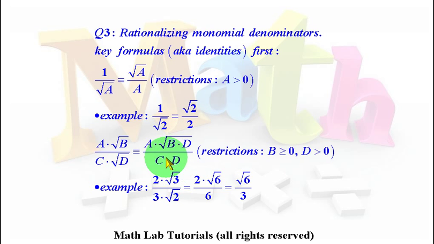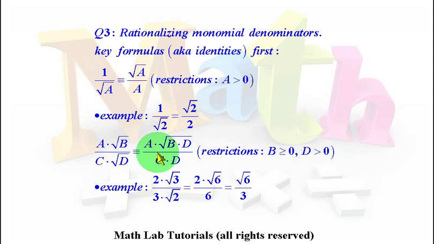Here's another important formula that you can use. Essentially, this is just a more general version of the one up here. If you have a good guy, square root bad guy, over a good guy, square root bad guy, this is what you do. Again, this is an identity.